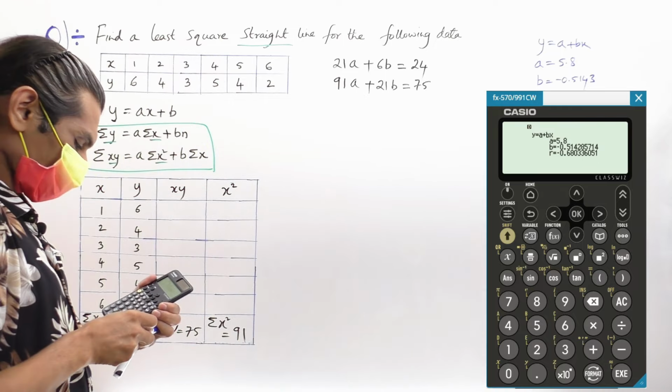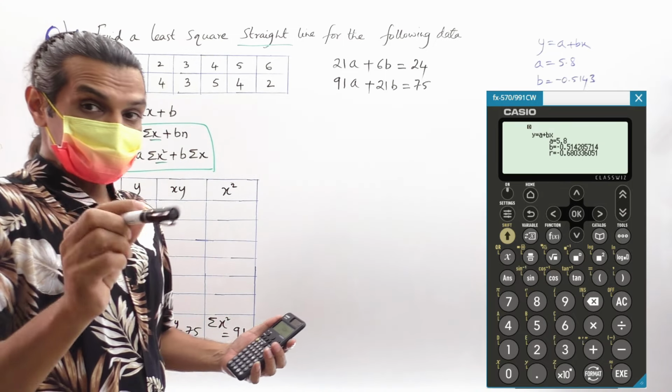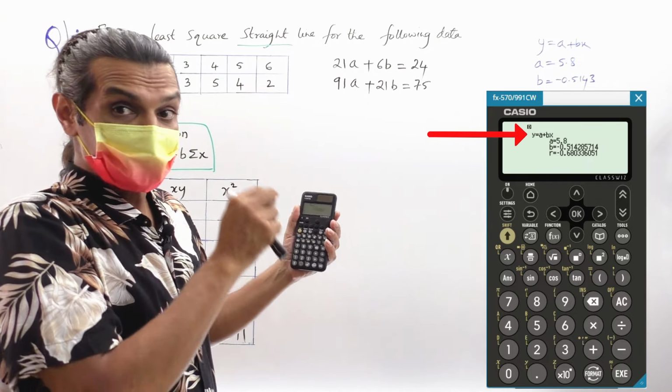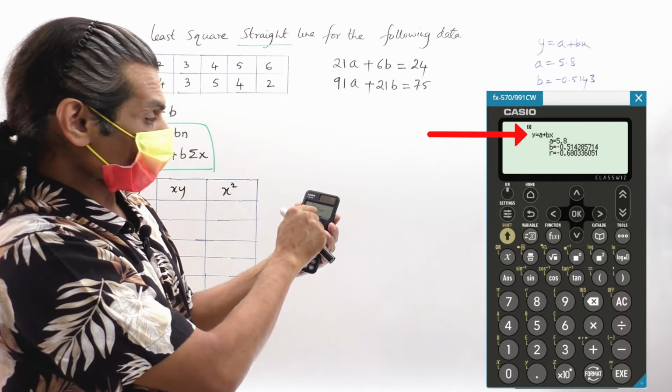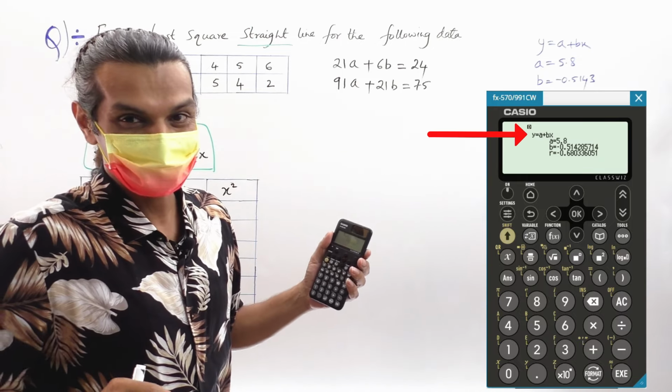These are the values we are getting. Now remember, in the calculator, y is equal to a plus bx, where a is 5.8 and b is minus 0.514.